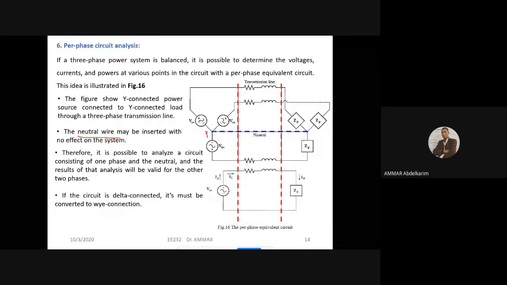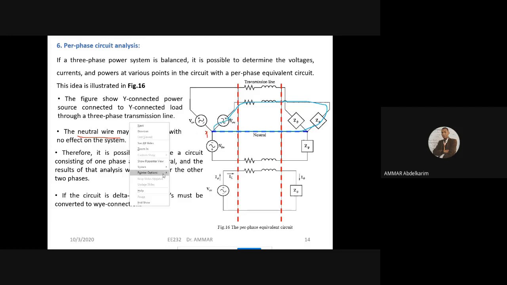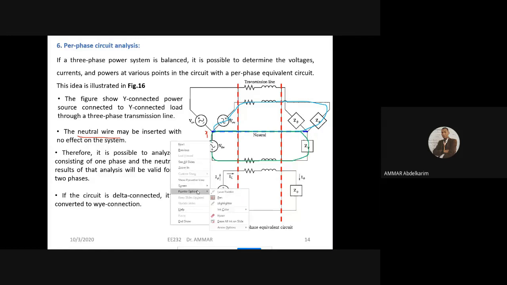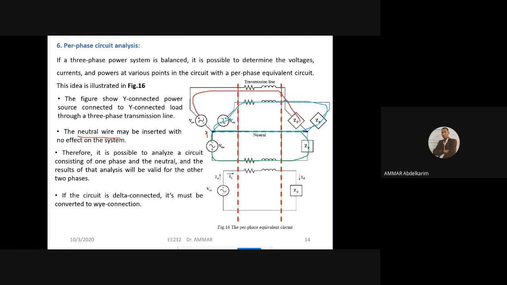So the first phase, starting from here, we return with the neutral. This is the first one. The second one, starting from here, returning by the neutral. The third one, starting from here, returns by the neutral.